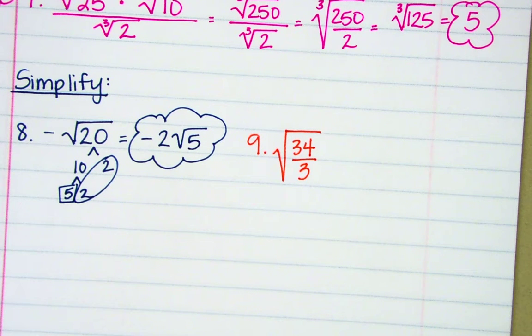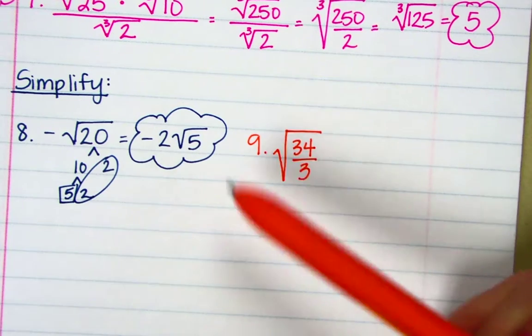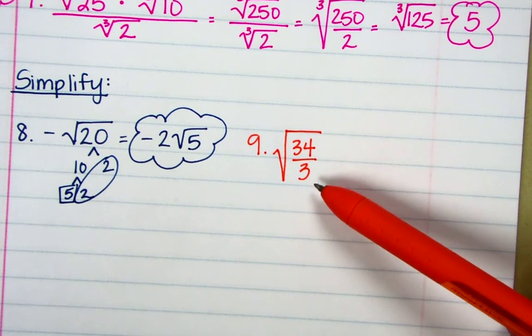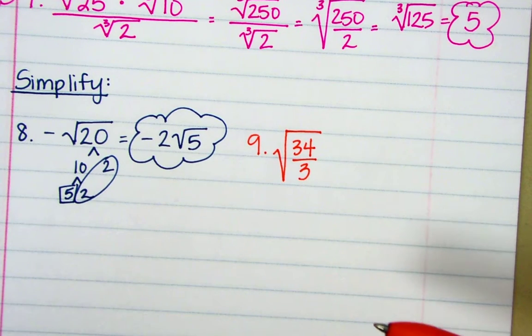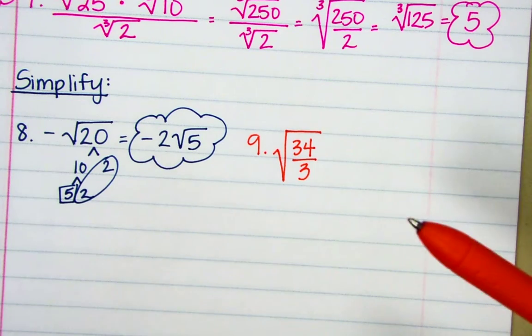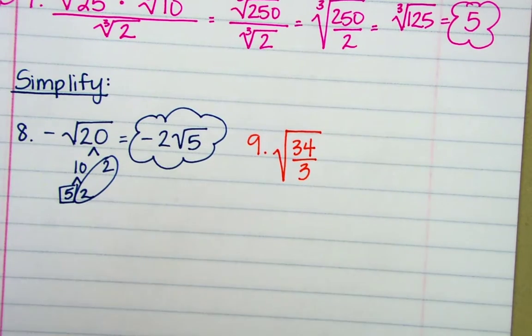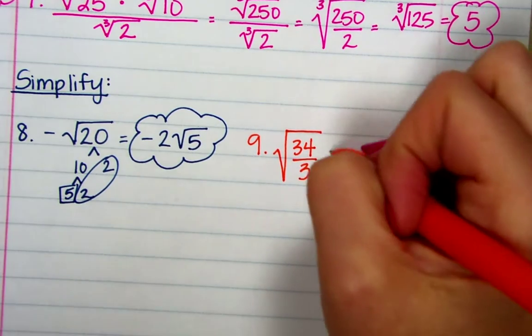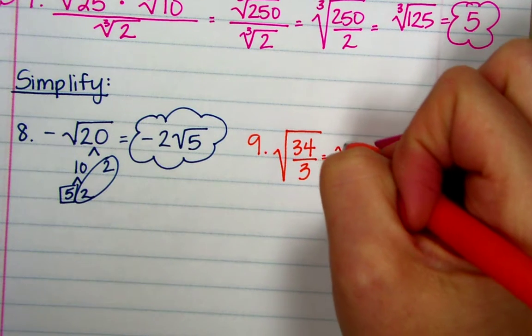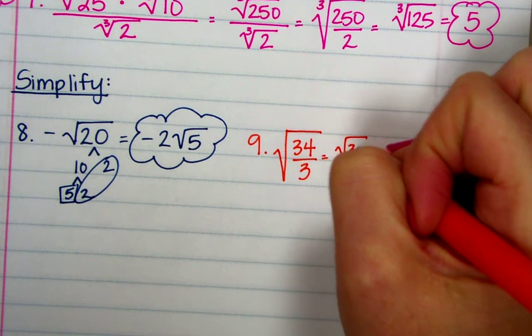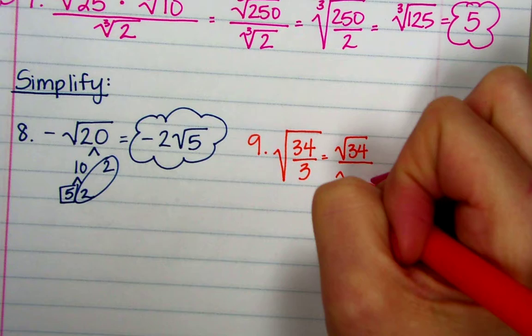Now, we can use the quotient property, letter G, from the top to break it down. What I would want to do is divide 34 divided by 3. What do you get? A decimal. Same, we don't want that. So we're going to break it down using the quotient property: square root of 34 over square root of 3.